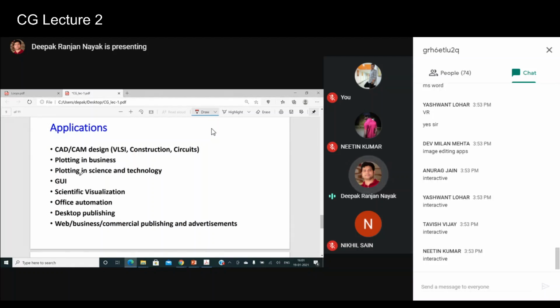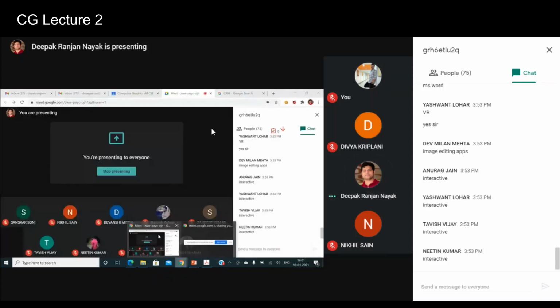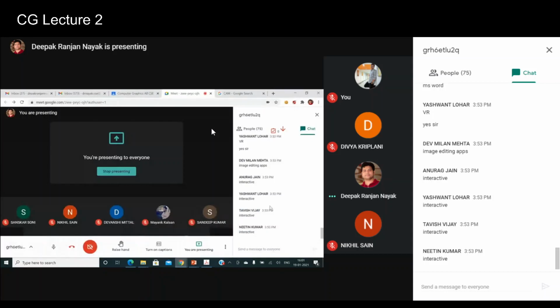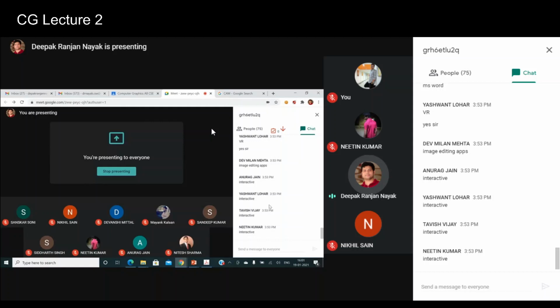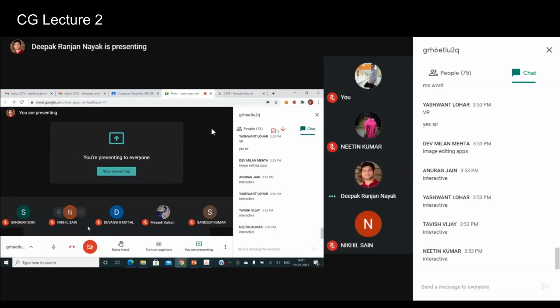So graphics user interface. Again, somebody just guess, what is this graphics user interface? Can somebody give me an example of a GUI?